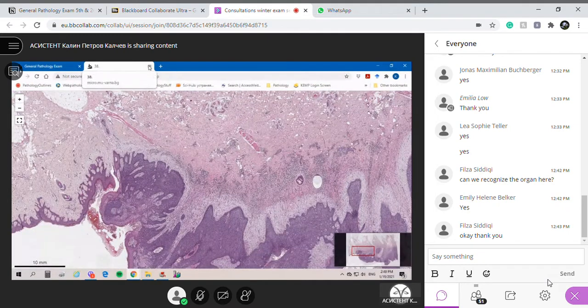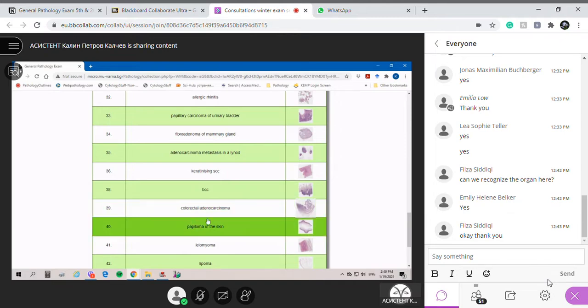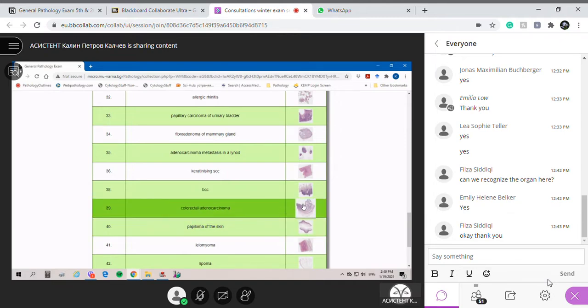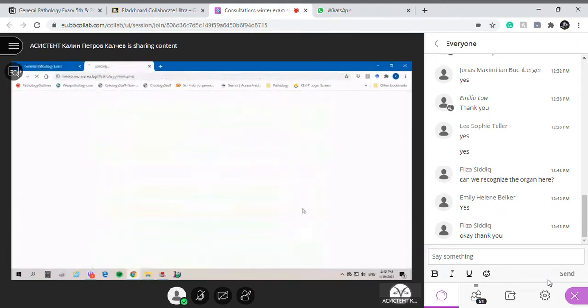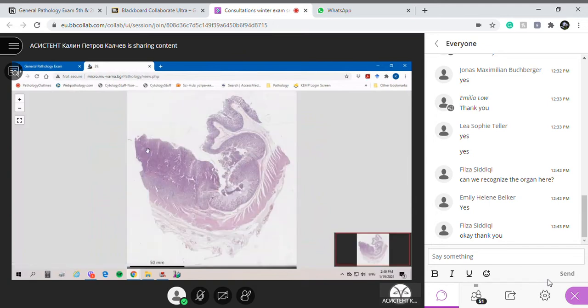So this is slide number 38. A transition between the covering epithelium tumors and the glandular tumors is the colorectal carcinoma or adenocarcinoma. This is because on one hand, the mucosa of the colon is a covering epithelium because it covers the internal surface of this hollow organ.